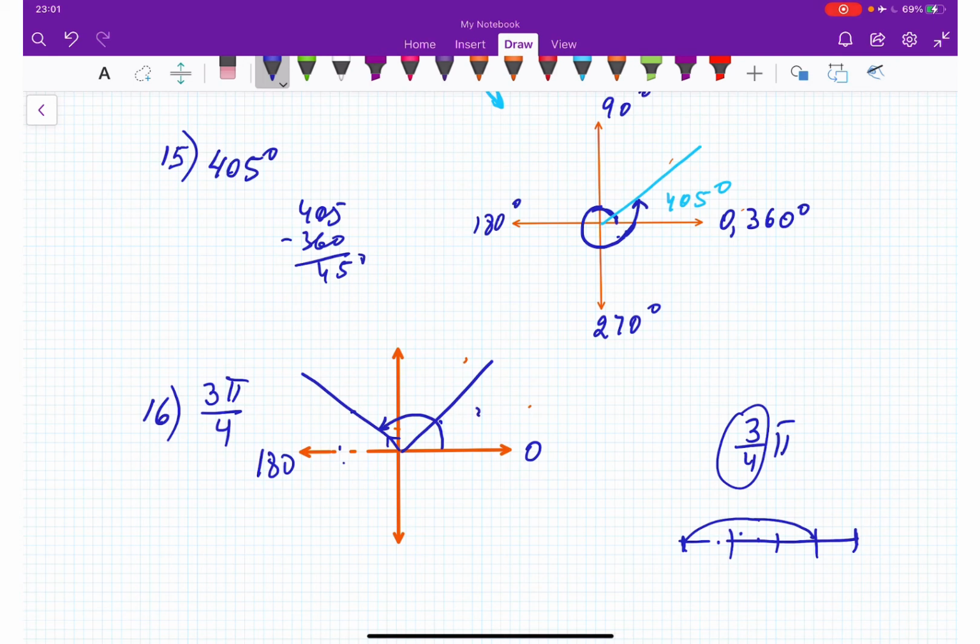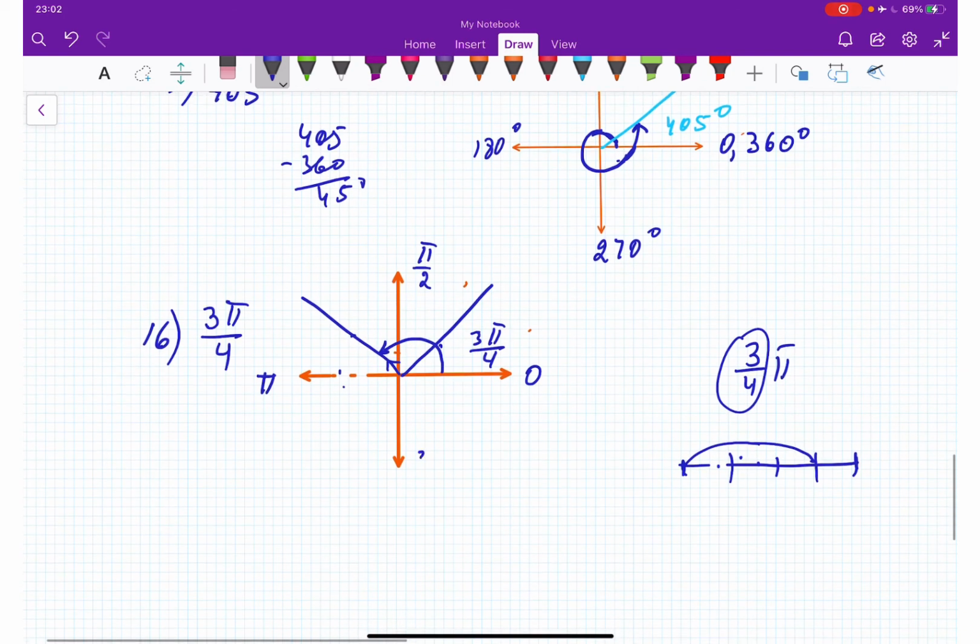And this is 3 pi over 4. All right? So if I represent this with pi, this is pi, this is pi over 2, this is 3 over 2 pi, 270 degrees.